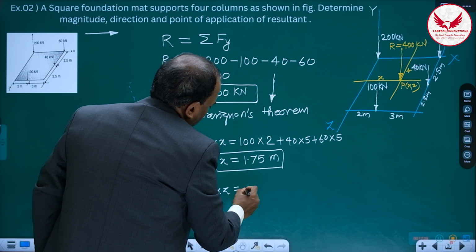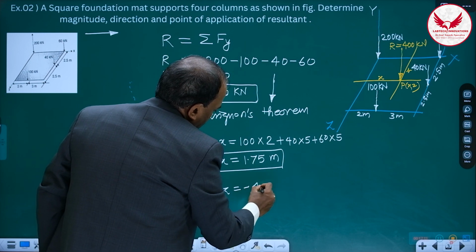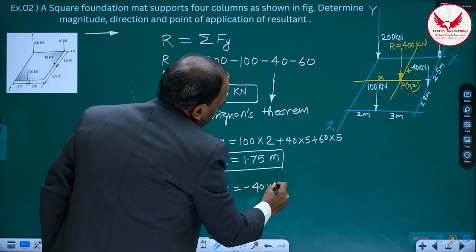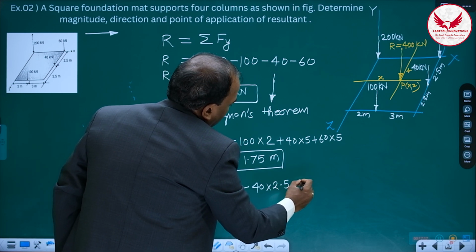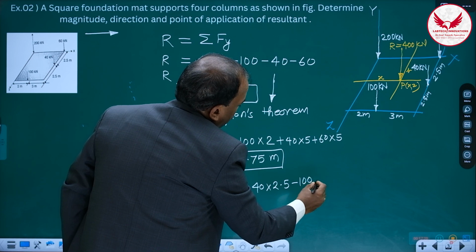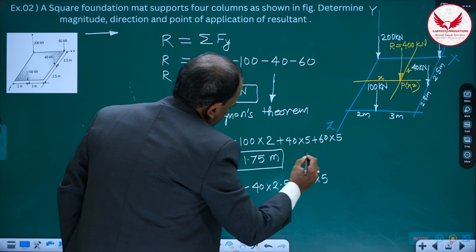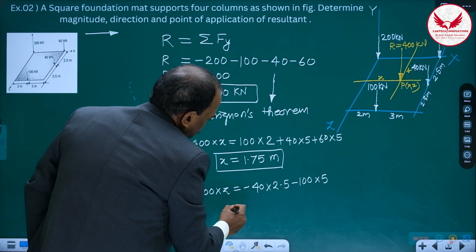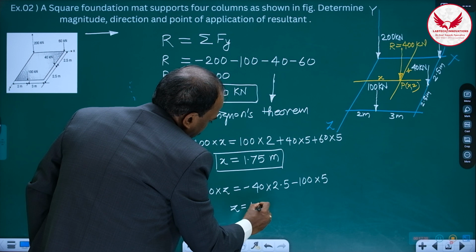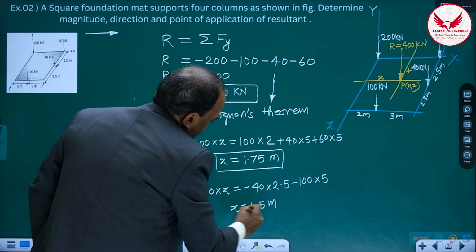Moment of 40, minus 40 into 2.5 minus 100 into 5, means 600 by 400. I think it's 1.5. Means calculations are very simple. Z is going to be 1.5 meter.